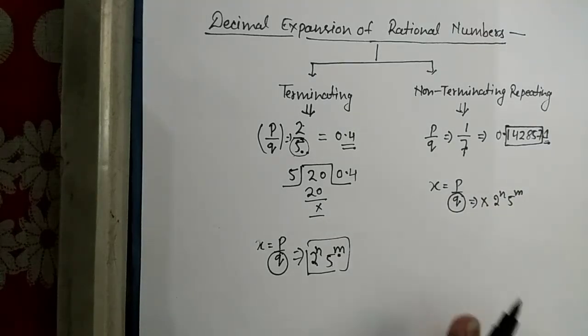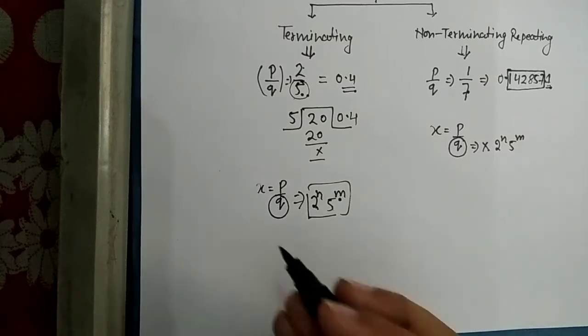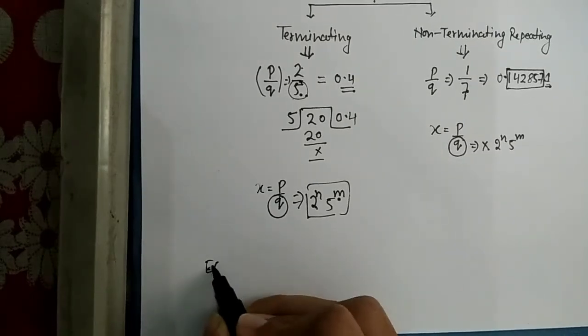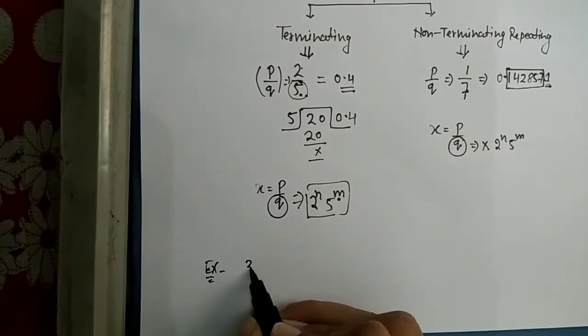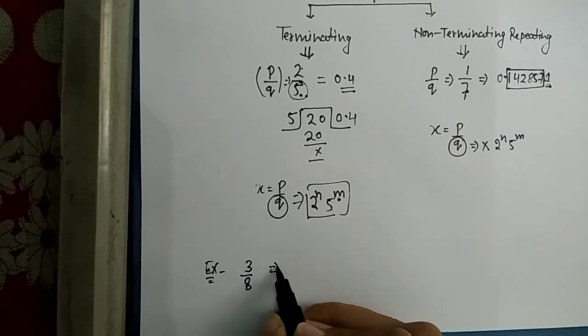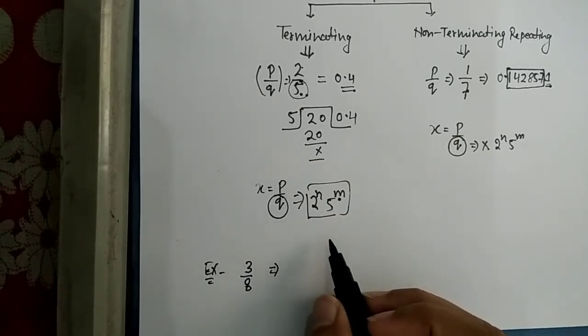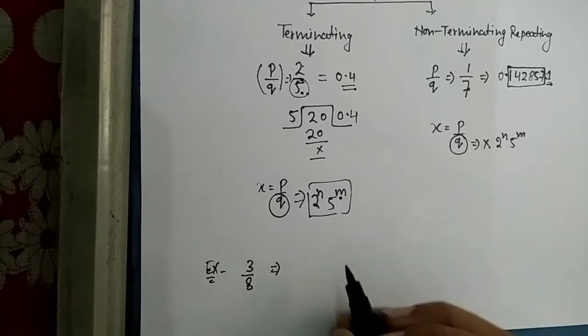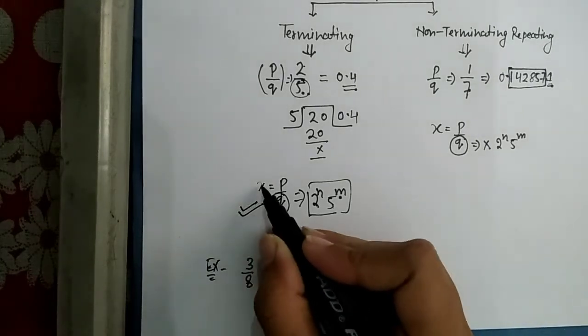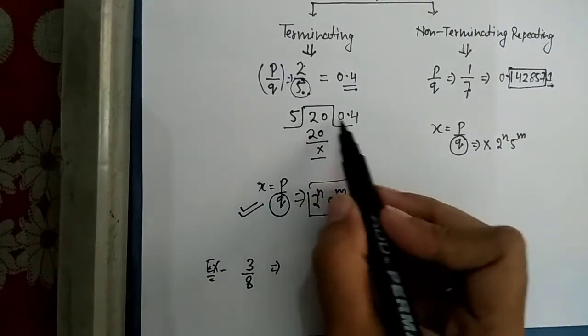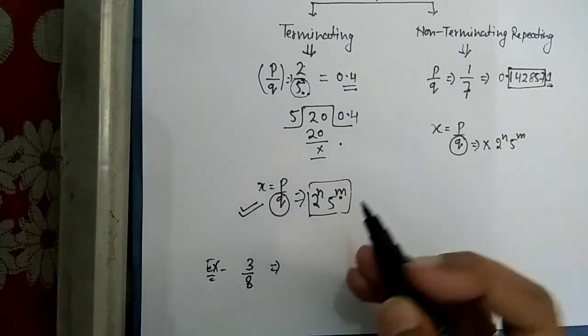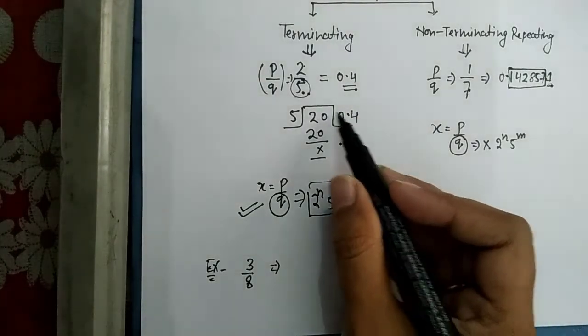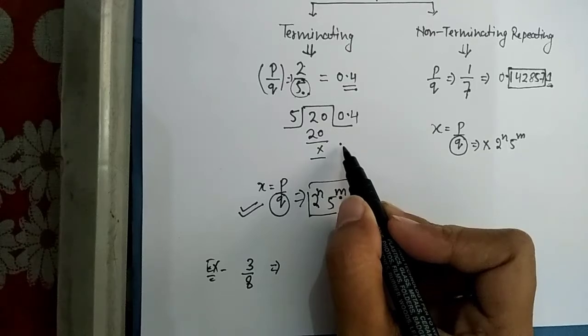Let's take some other examples, just like 3 upon 8. Let's see, is this terminating or non-terminating repeating? As I have told you this short trick, you don't have to divide in your board exams. If they say you have to show by this, then you will do this.